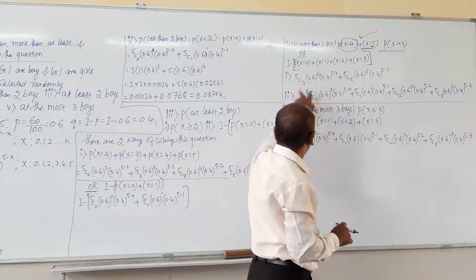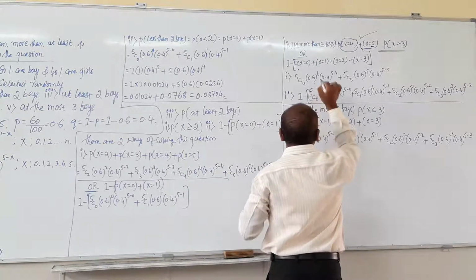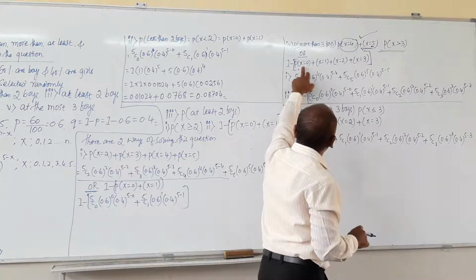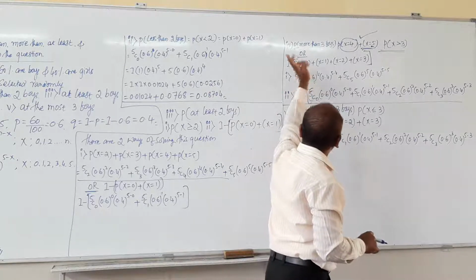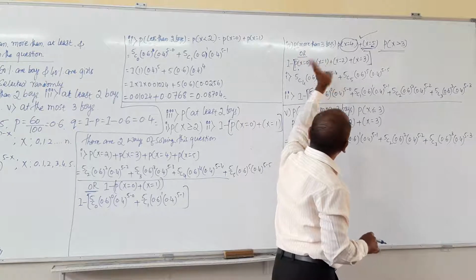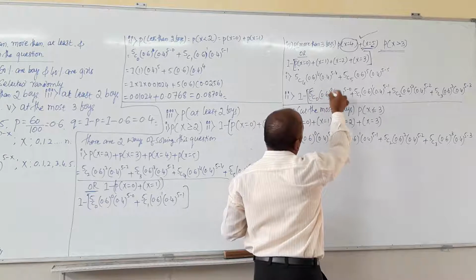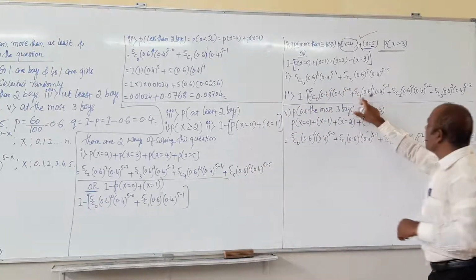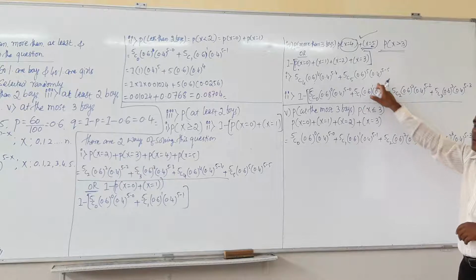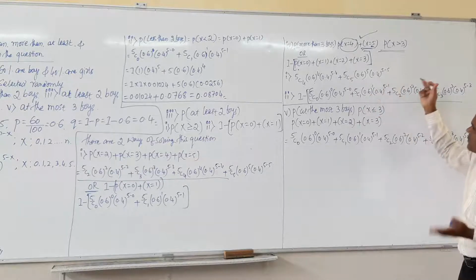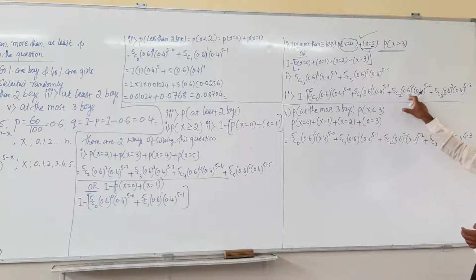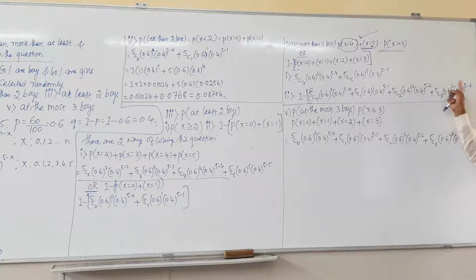1 minus, open bracket. First we have to put x value 0, then we have to put x value 1, after that 2, and after that 3. So 5c0, 0.6 raised to 0, then 5c1, then 0.6 raised to 1, then 0.4 raised to 5 minus 1, then 5c2, then 0.6 raised to 2, then 0.4 raised to 5 minus 2, then the last one, 5c3, then 0.6 raised to 3, then 0.4 raised to 5 minus 3.